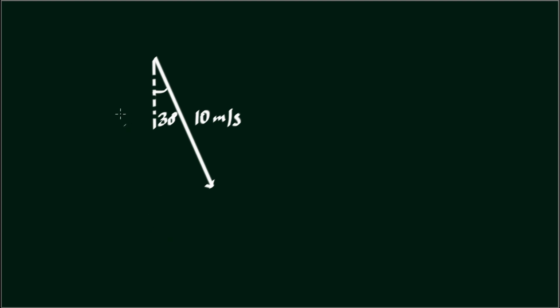Now I want the rain's horizontal component to be 0 because I want the rain to be coming down vertically in my frame. Now the horizontal component of the rain, if I complete this triangle, you can see the horizontal component of the rain is 10 sine 30 degrees.